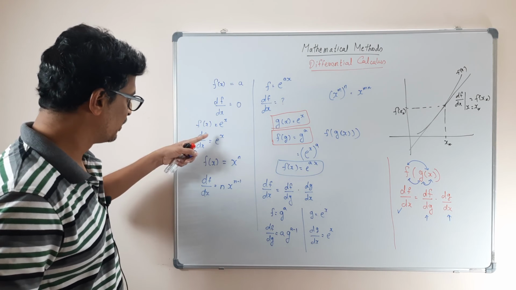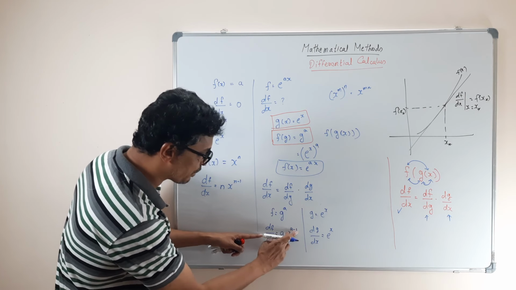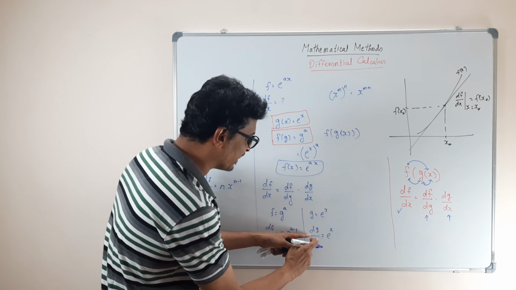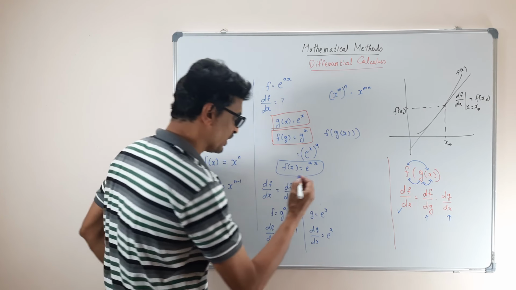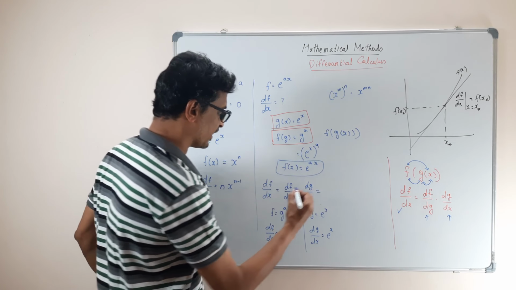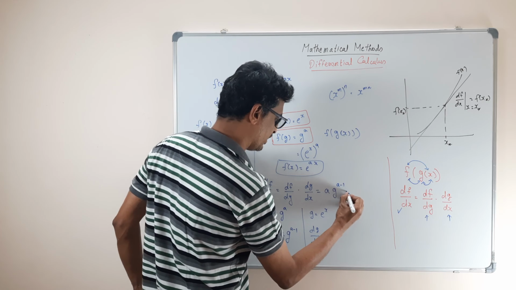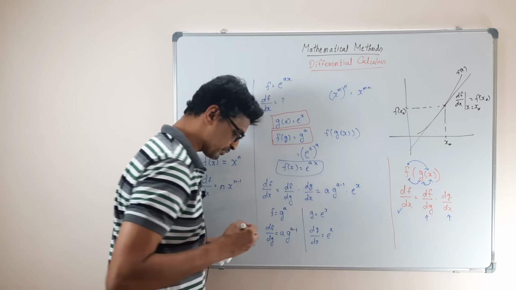Be attentive. So we got df by dg equal to a g power a minus 1, and dg by dx equal to e power x. So let us write this one. This term I am going to write as a g power a minus 1 into e power x.